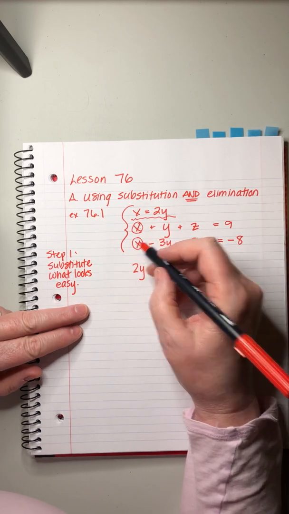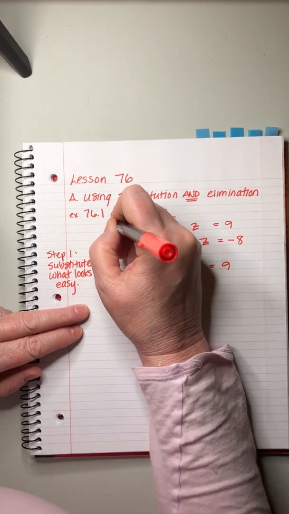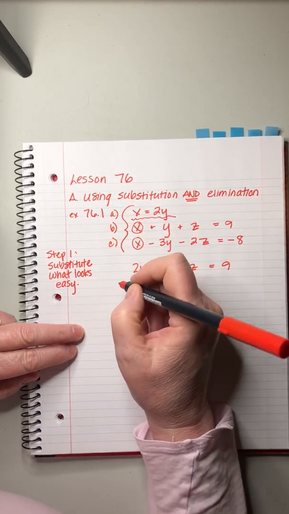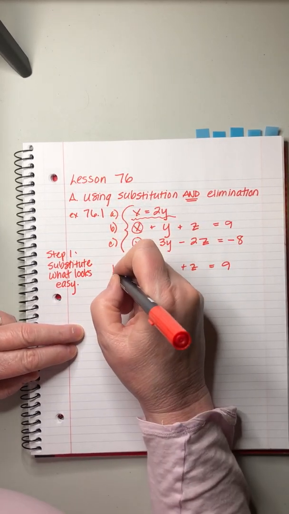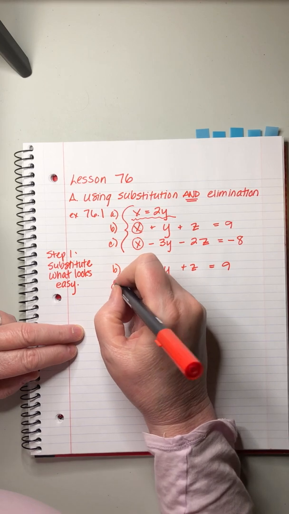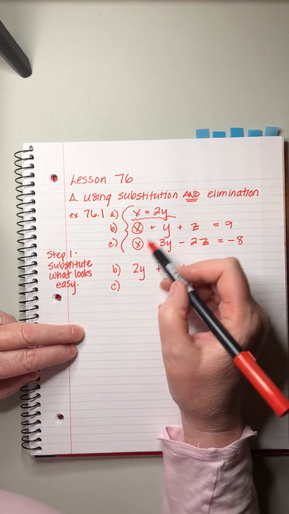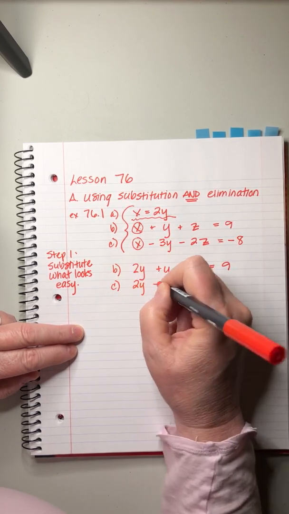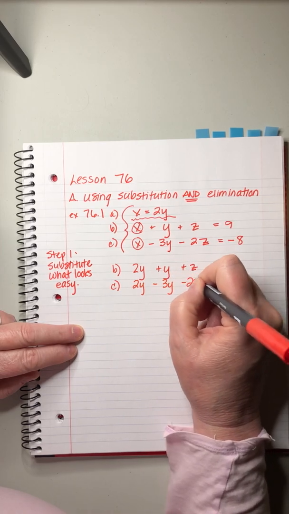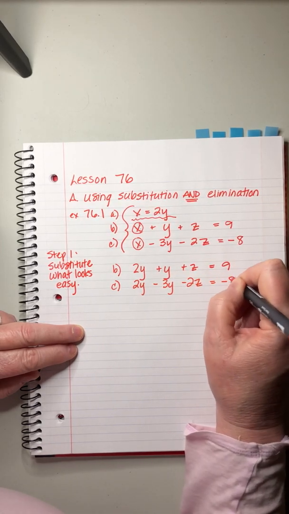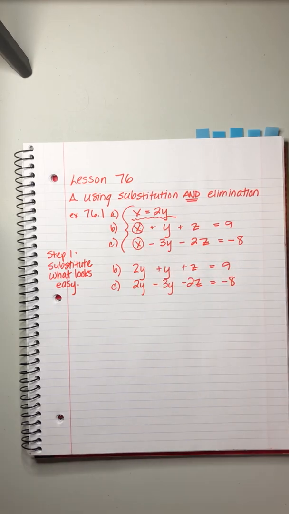And then in the third one here, I'm just going to call these A, B, and C. So this is going to be my new B. And then my new C will be 2y minus 3y minus 2z equals minus 8. I'm just substituting this in there, right?